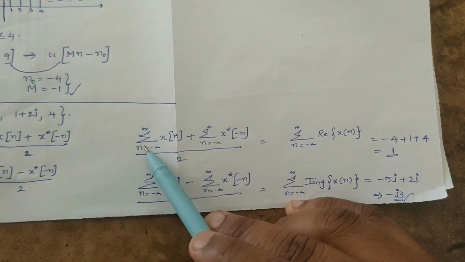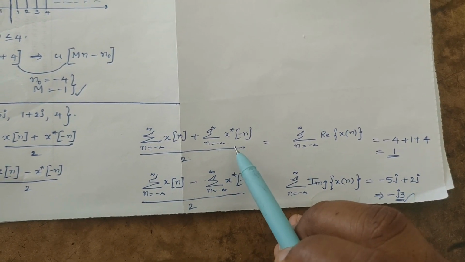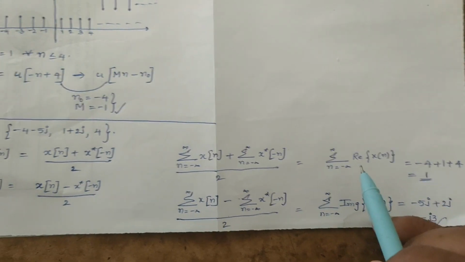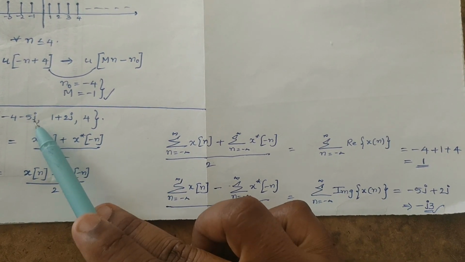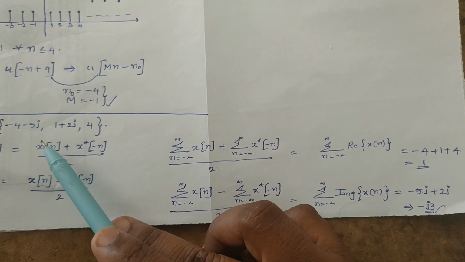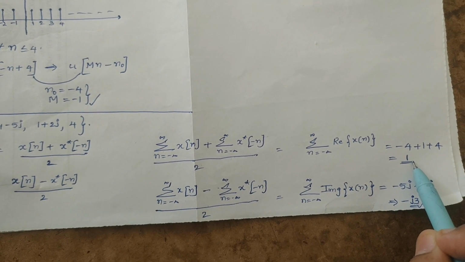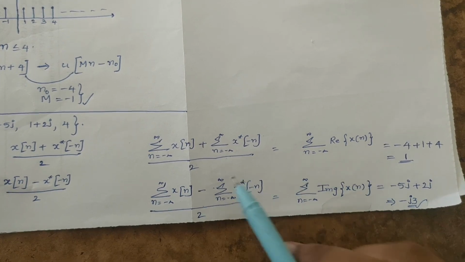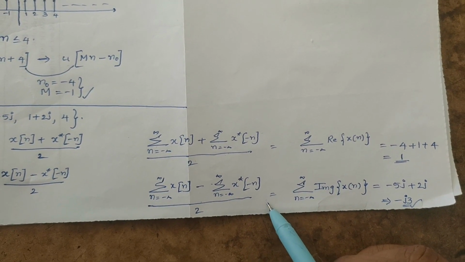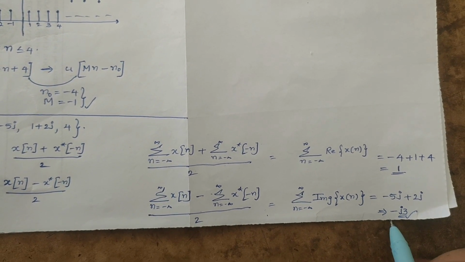But by using summation of x of n plus summation of x conjugate of minus n by 2, directly we can write the real values of this x of n. Here the real values are minus 4, 1 and 4. So do summation of all these numbers, you will get the answer as 1, which is the even conjugate. And similarly, if you have to find the summation of odd conjugate, take the imaginary parts of this x of n, you will get it as minus j3.